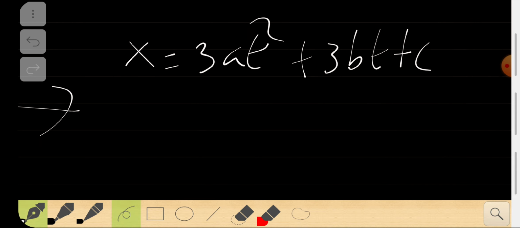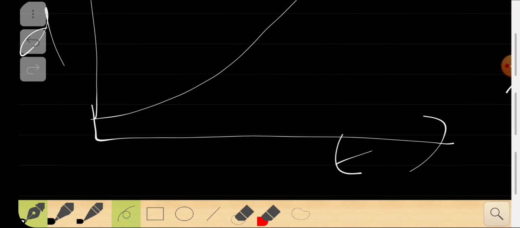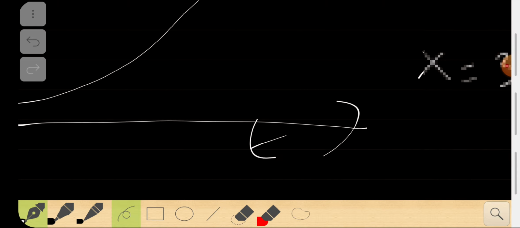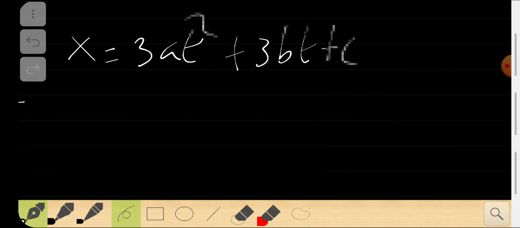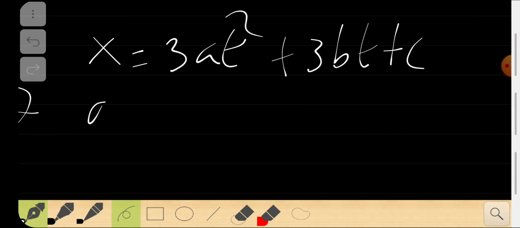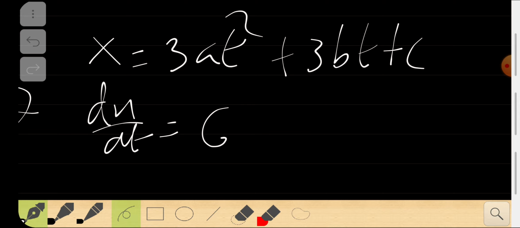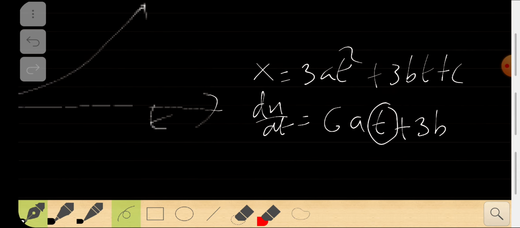So that's how you look at this curve, and the c is here, the constant, and the slope can be found out for that curve. You can find out that dx by dt will look like 2a t plus b, right? So this has one variable t, so it will be a straight line.